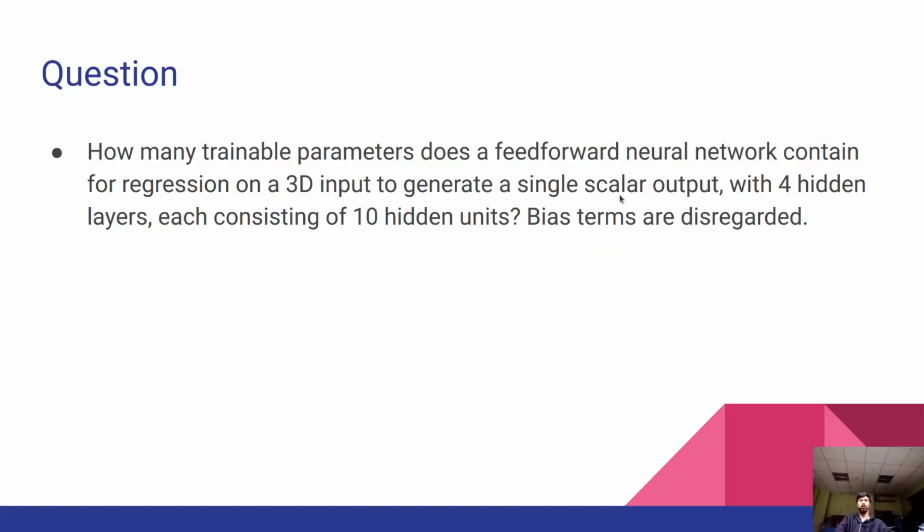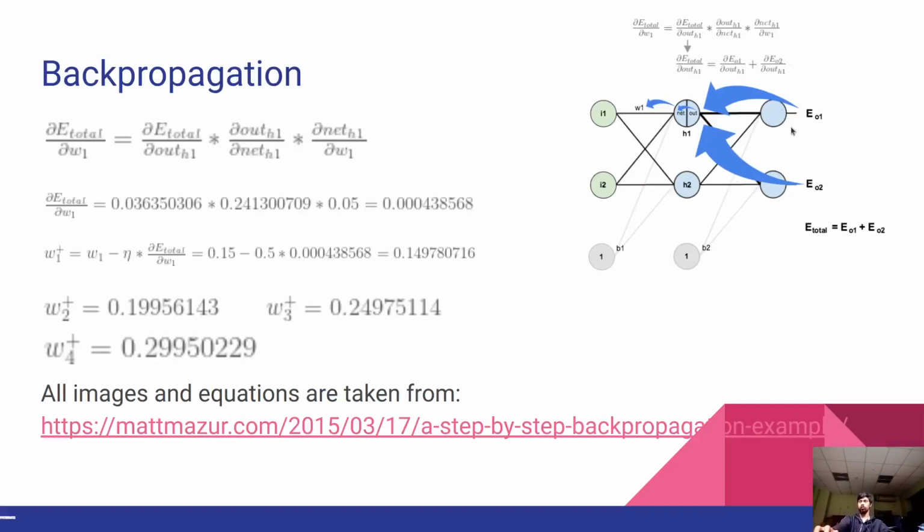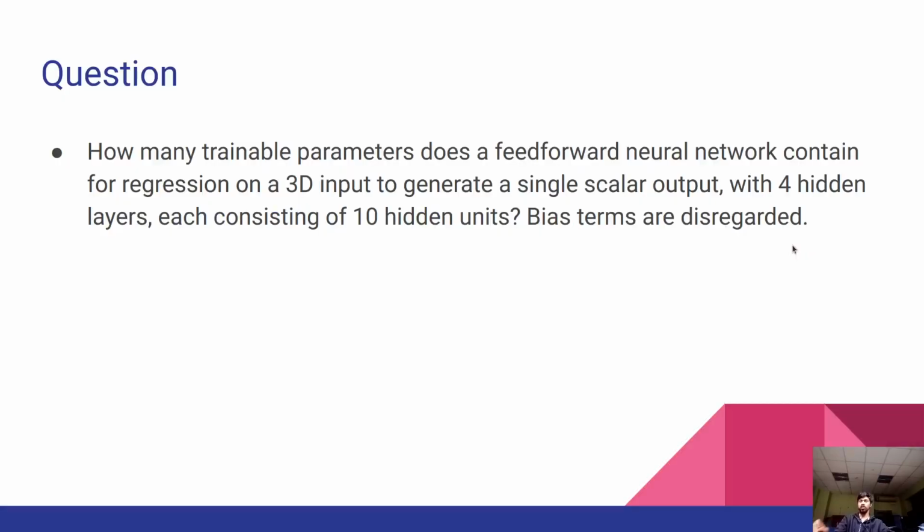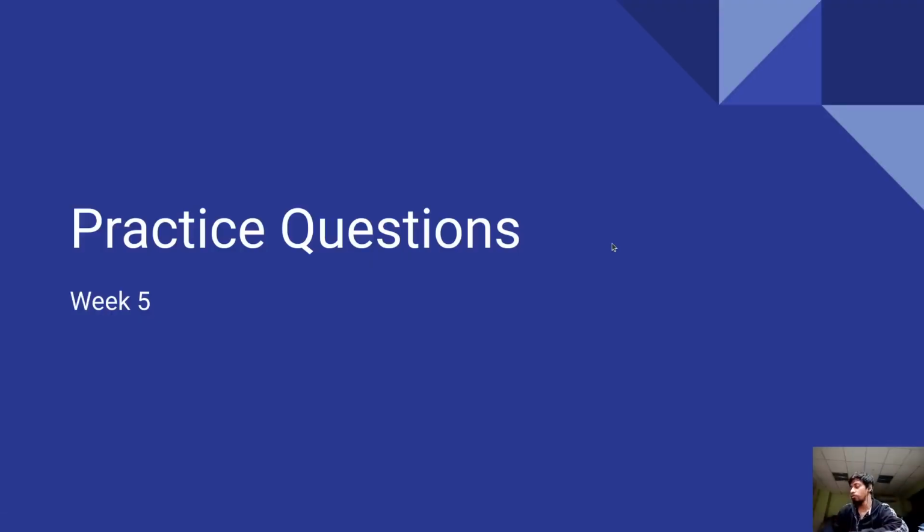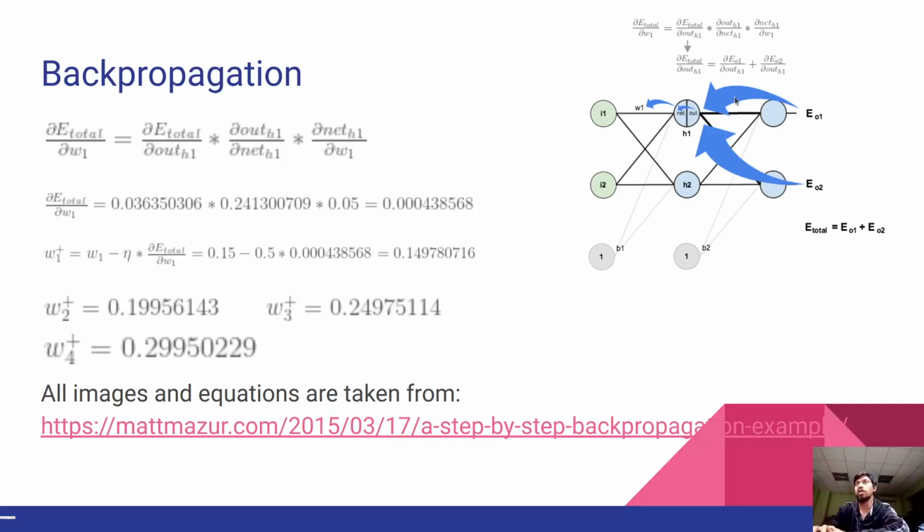In the output here we have 2 outputs, but in this question we have only 1 output, and there are 4 hidden layers and each of them contains 10 hidden units. There is no bias term. So the question is how many nodes are there. Can you calculate this?